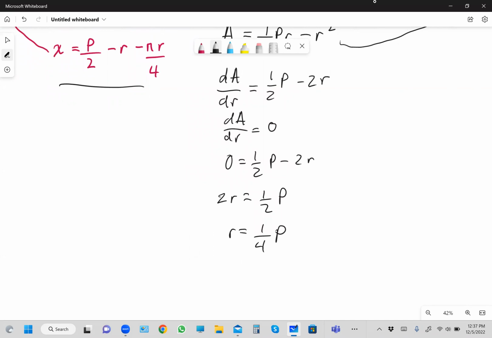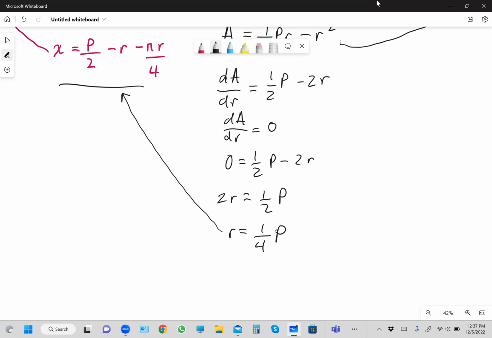So I can substitute this in here and I can figure out X. But then I have to show whether that's a max or a min. Now, the perimeter has to be a positive number. All right. So let's play around with it.